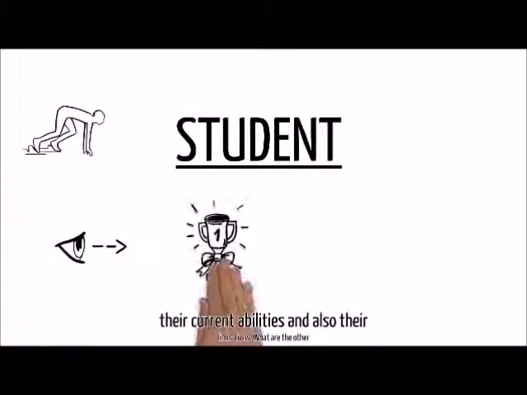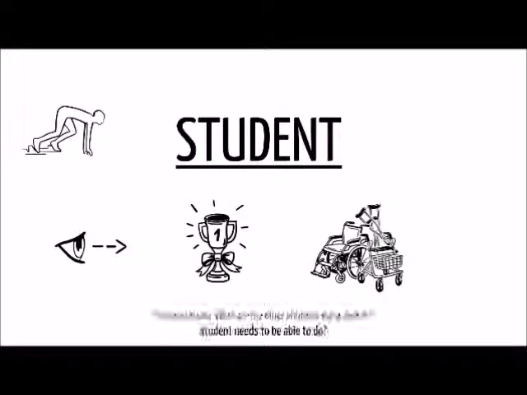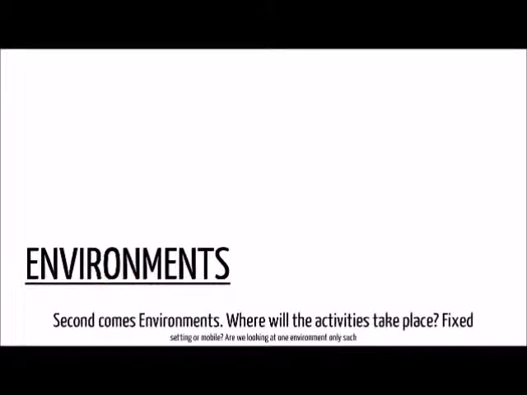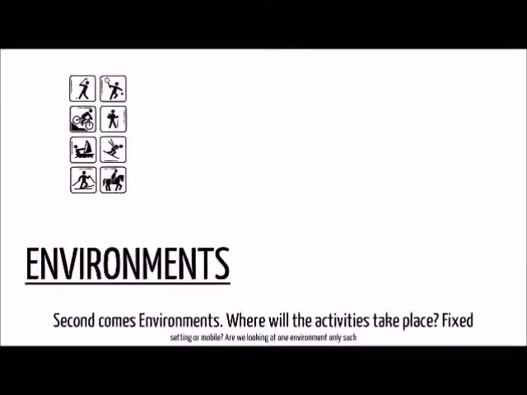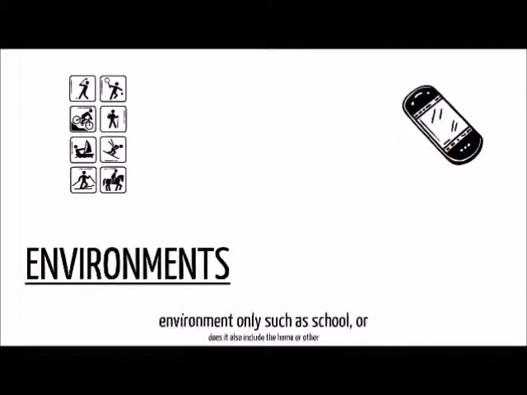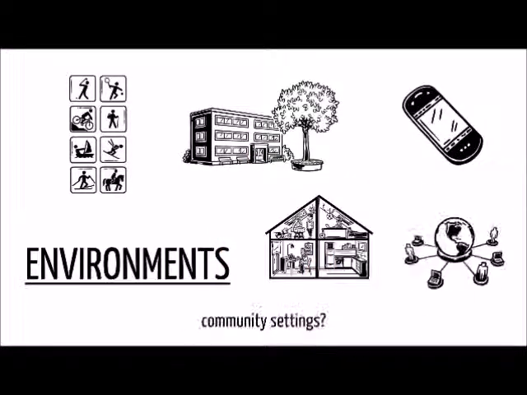Focus on their current abilities and also their limitations. What are the other students doing that this student needs to be able to do? Second comes environments. Where will the activities take place? Fixed setting or mobile? Are we looking at one environment only, such as school, or does it also include the home or other community settings?